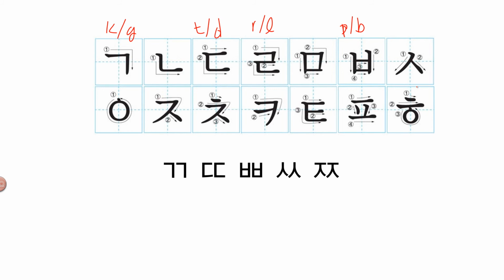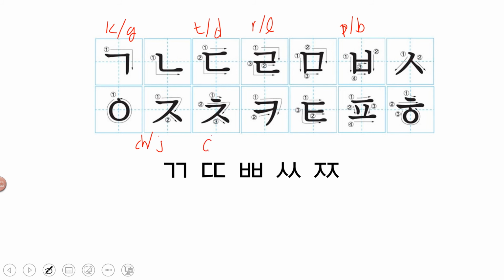This is S, a hissing sound. This is the NG sound. And this one, we learned it, J sound, but it can make a CH sound if it's placed in the initial position.